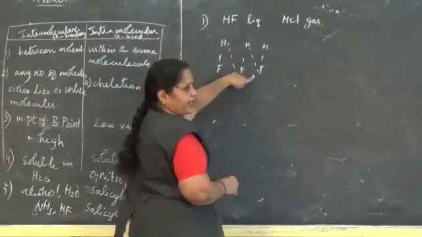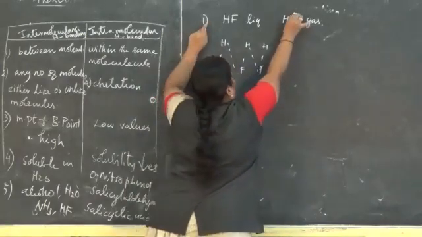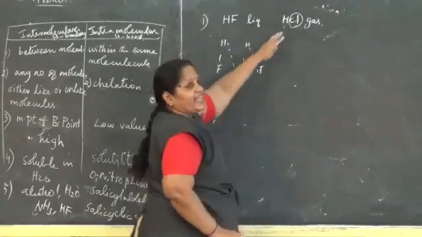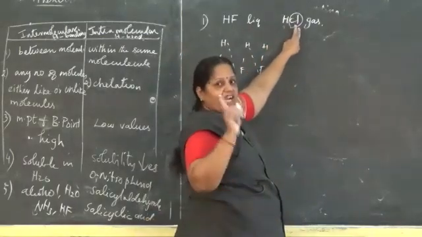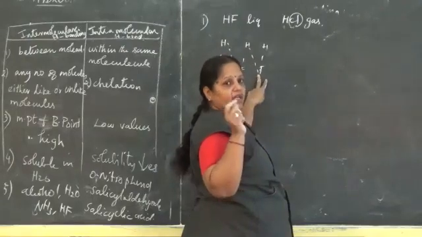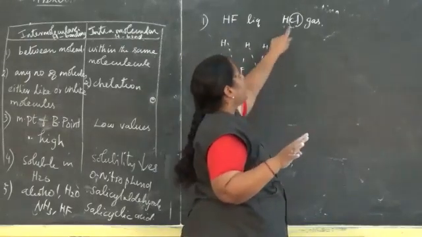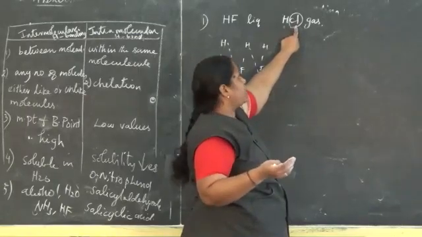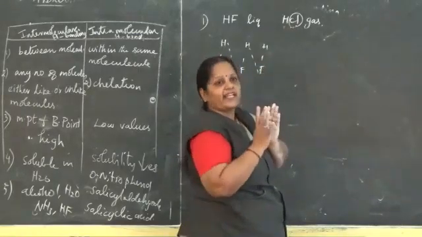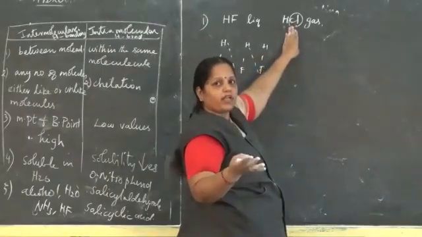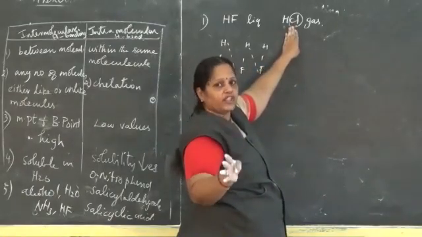intermolecular hydrogen bonding. Even though chlorine is highly electronegative, it is larger in size. The condition is that only a smaller sized, highly electronegative atom forms a hydrogen bond. But here, even though chlorine possesses a high electronegativity value, it is bigger in size, that's why it cannot form either intramolecular or intermolecular hydrogen bond.